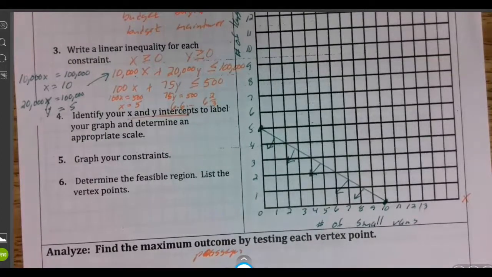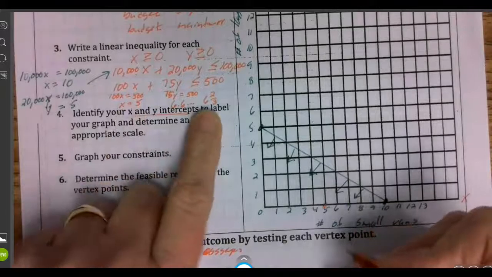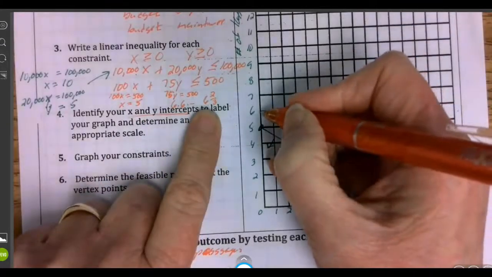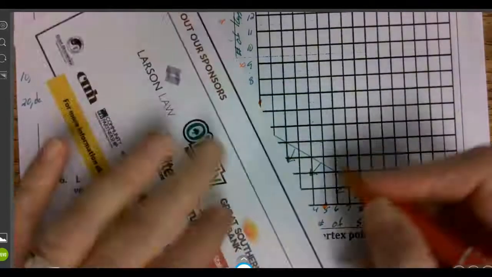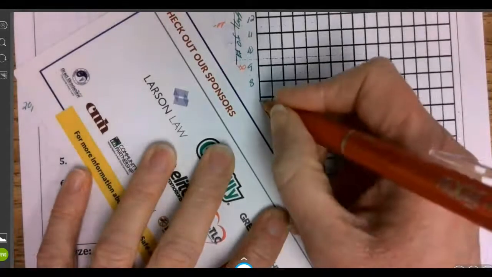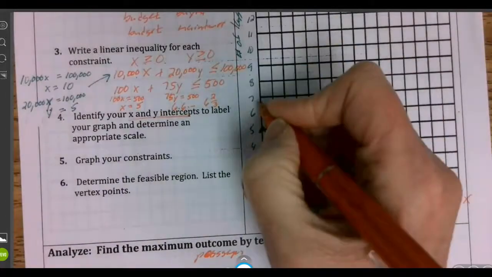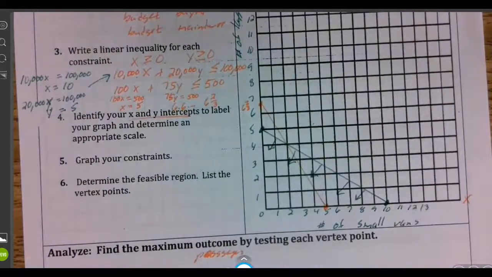Now let's graph the other one. Our x-intercept is 5. Our y-intercept is 6 2/3. So here's 6. We're going to say 2/3 is probably about right there. And we're going to draw that. I'm also going to mark that this is 6 2/3 because we might need that as one of our vertex points.